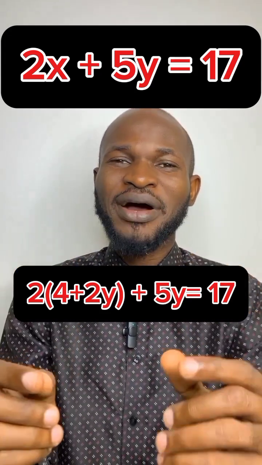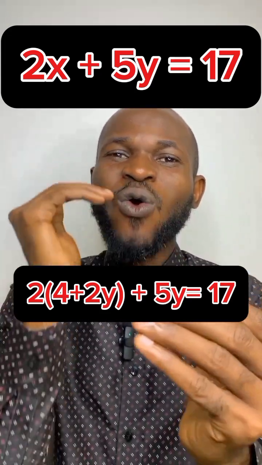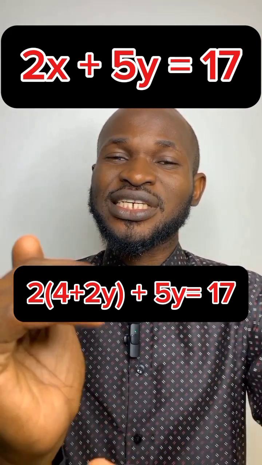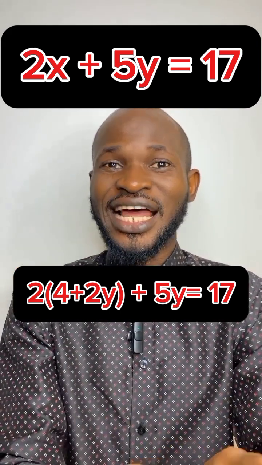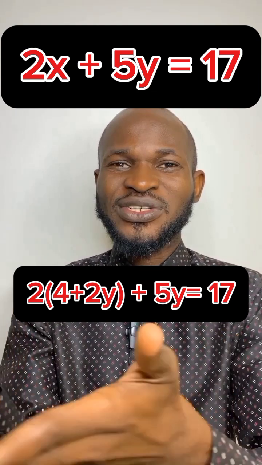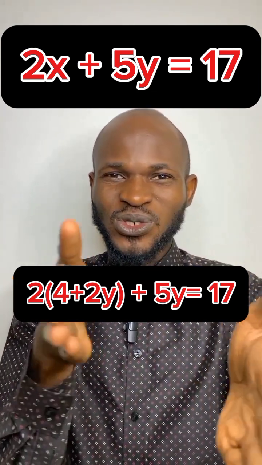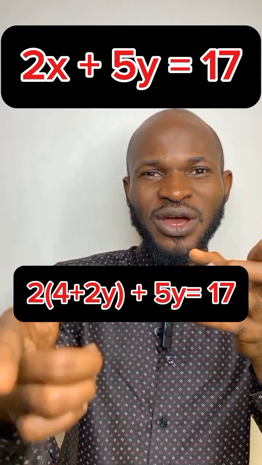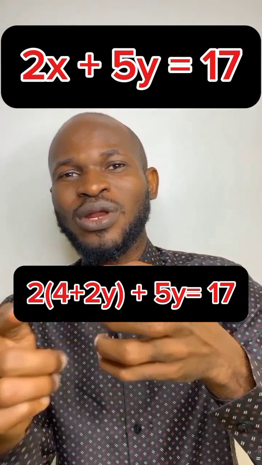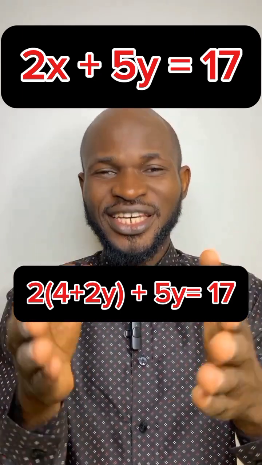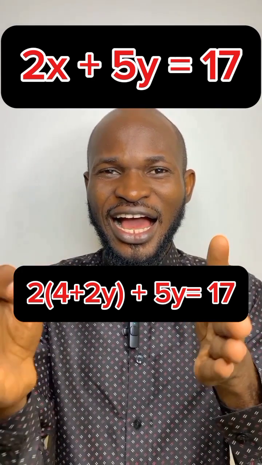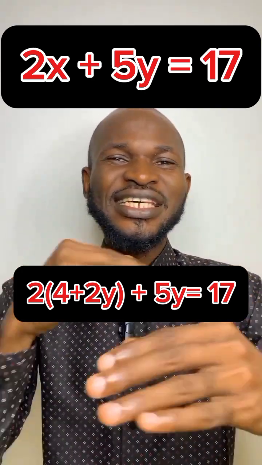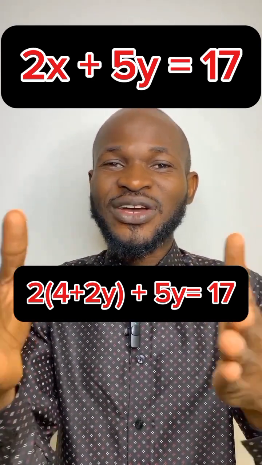But remember, we are only able to get to this level because of x. That is why it's called simultaneous equations. As we are trying to solve for x, we are finding y, and then we'll now find x. You see? It's a combined effort.